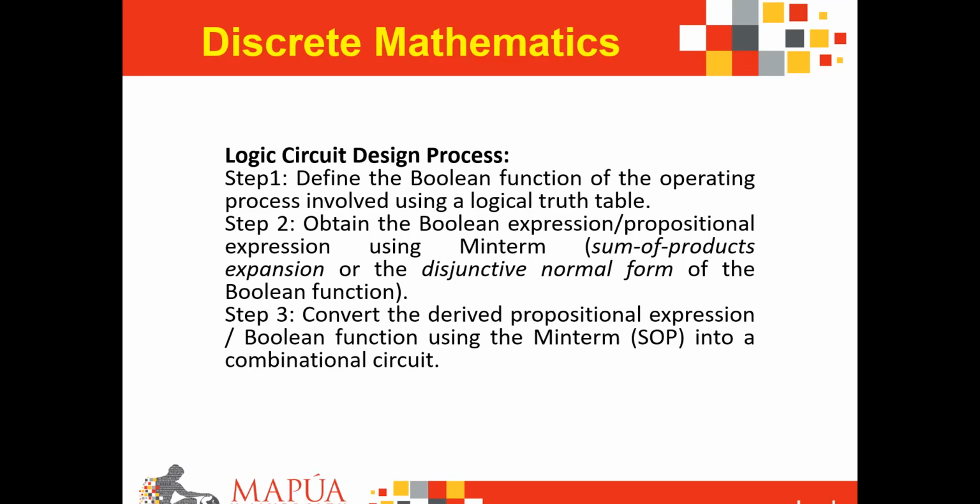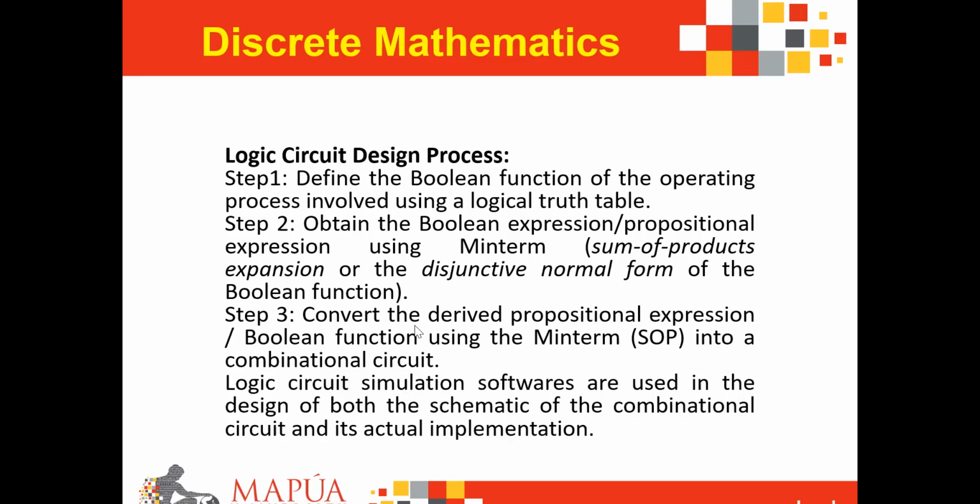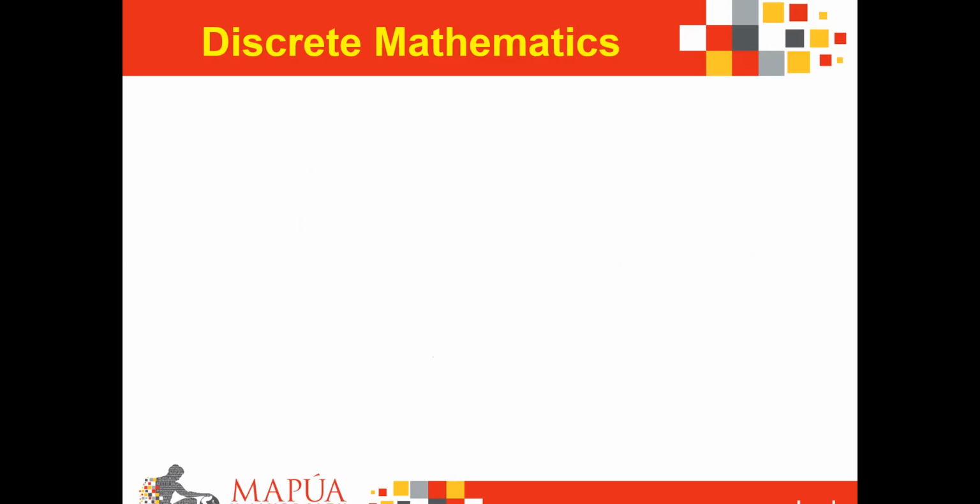And step 3 converts this propositional expression into a combinational circuit using the different logic gates that we've learned. Note that there are different logic circuit simulation software packages used in designing both the schematic and combinational circuits of your given design, as well as its actual implementation.